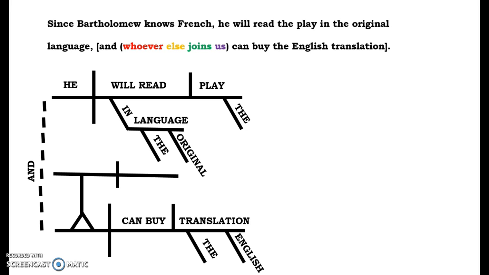Else can be an adverb, but it can also be an adjective, like in this case where we're saying which one or which ones, whoever else, that's which ones. So it looks like this right here, descending diagonal lines coming from whoever. Else is a tricky word, but it's one of those cases where we have to know the difference between adverbial and adjectival uses of a given word.